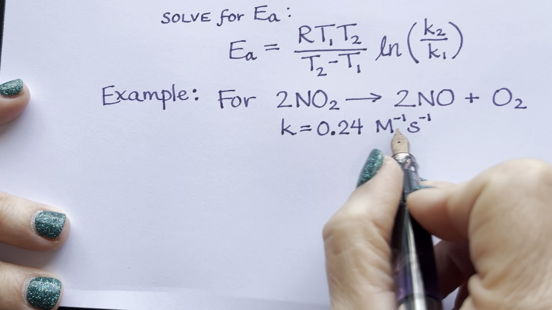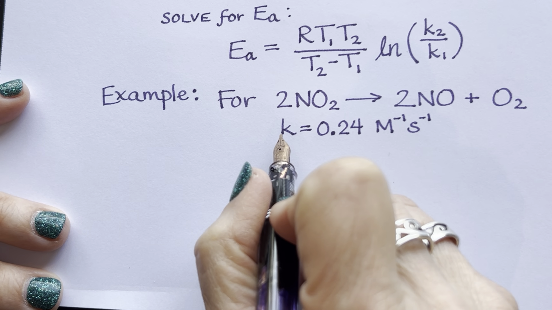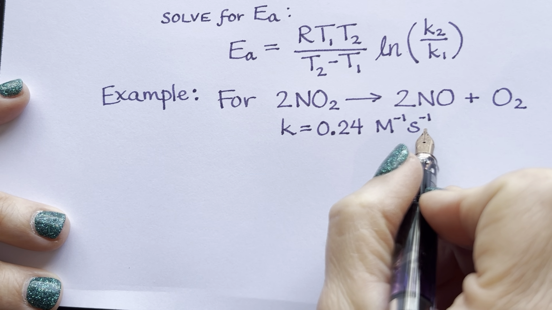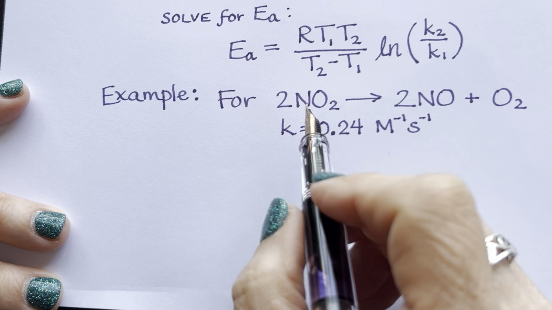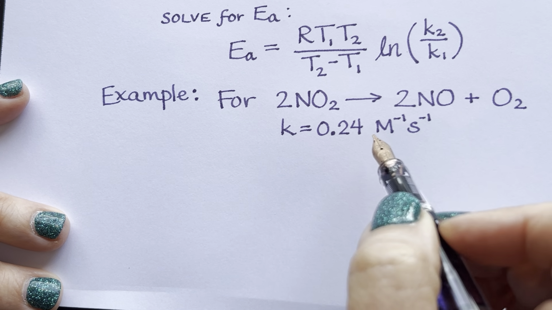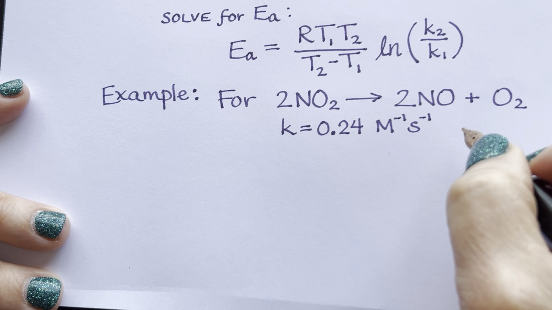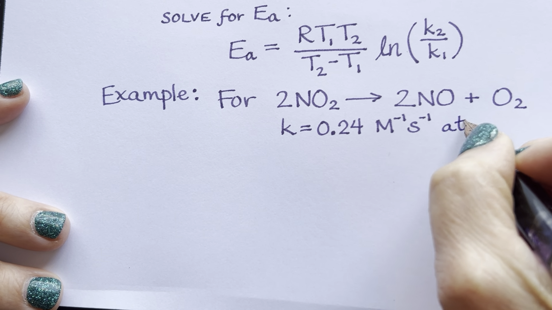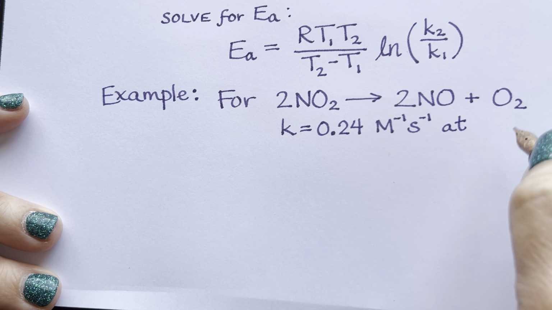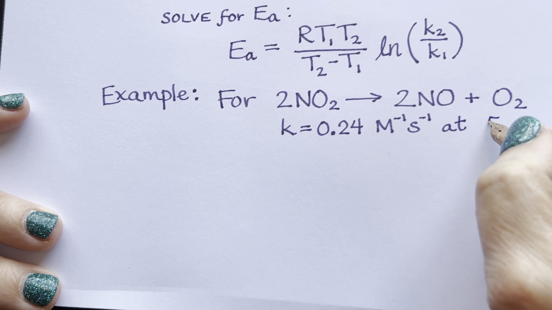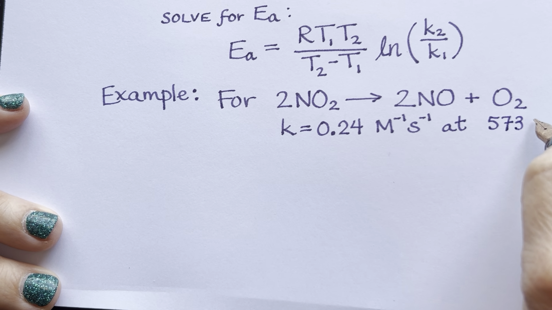See how the units of the rate constant are different than what we saw previously? That's because this must be a second order reaction. Anyway, this is what the value is at 573 Kelvin.